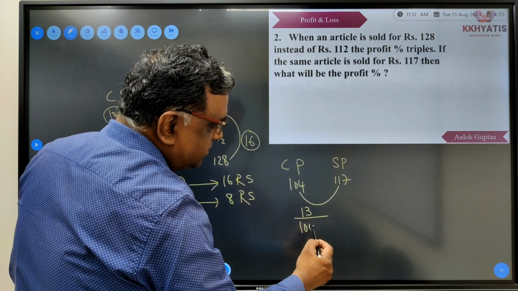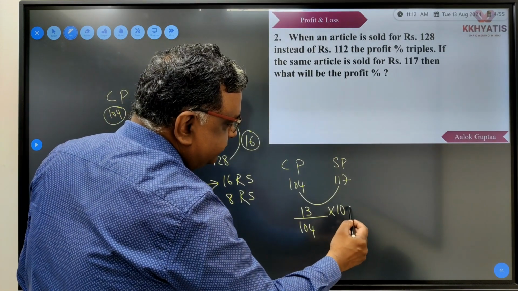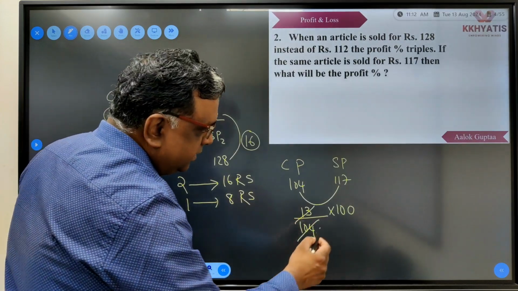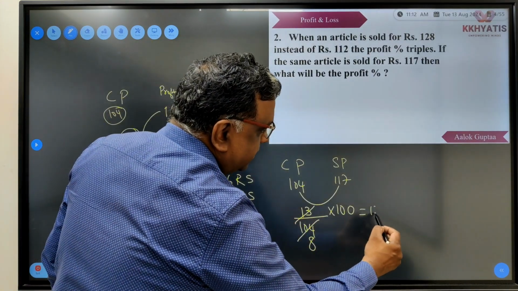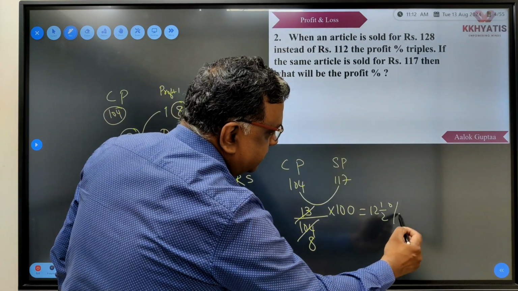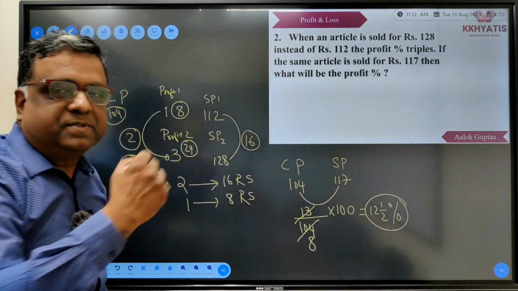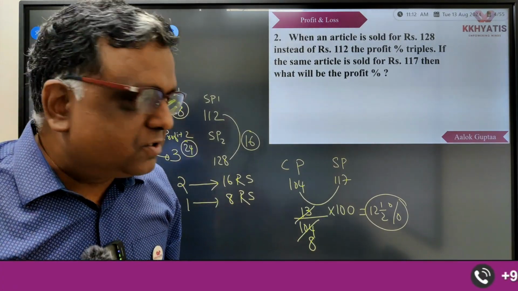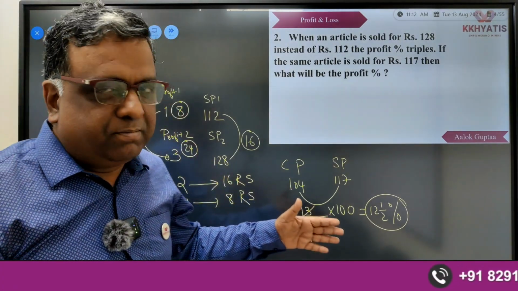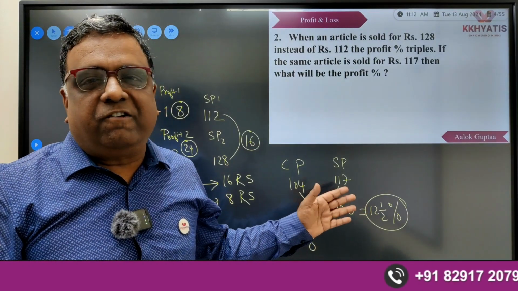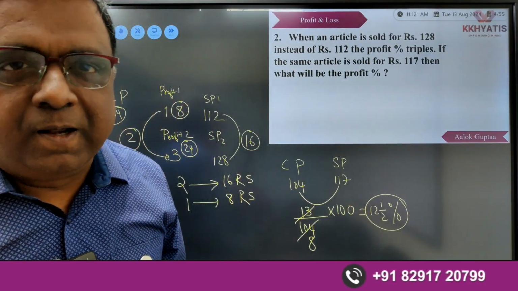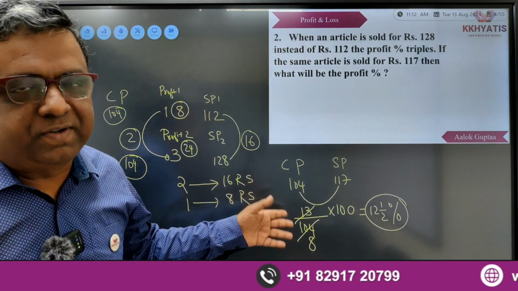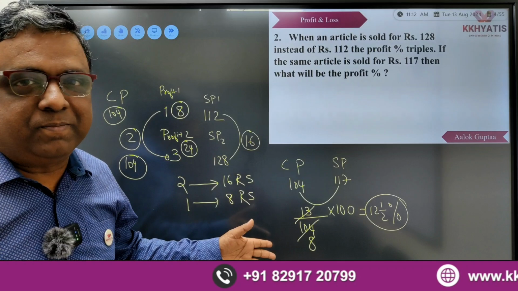Profit upon cost into 100. This will be 1 upon 8, into 100, which is 12.5%. So I will get a profit of 12.5%. While I am explaining this to you, maybe we are taking 1 minute or 1.5 minutes. But when you actually do it, you should not take more than 15, 20, 30 seconds to solve this problem.